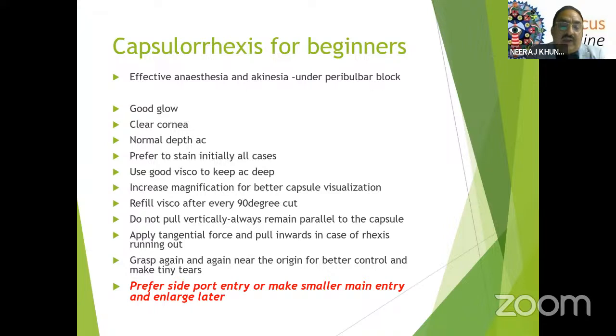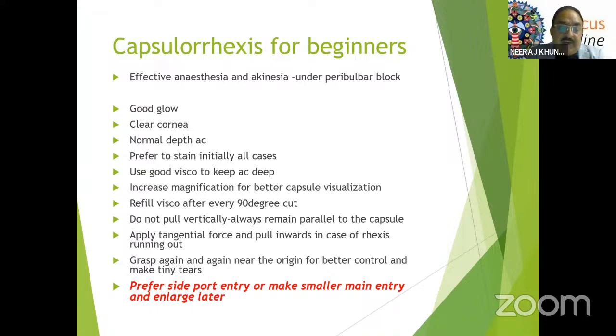Refill visco after every 90-degree cut. Do not pull vertically. Always remain parallel to the capsule. Apply tangential force and pull inwards in case of rhexis running out. I'll be showing all this in the videos in the later slides. Grasp again and again near the origin for better control and make tiny tears.